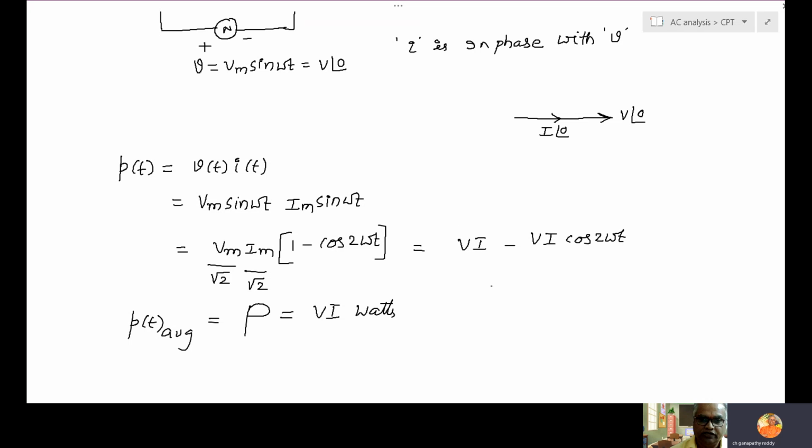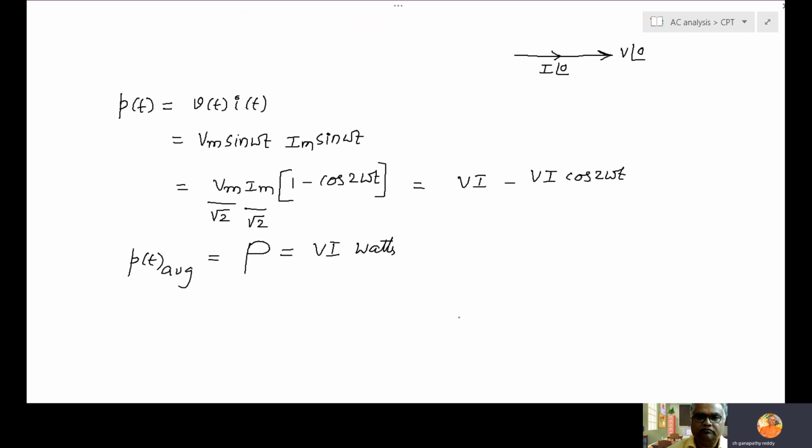The average of VI is VI only. So in a resistor, the average power dissipation is always given by VI watts. This V is not DC voltage. What is this capital V? It is Vrms, and I is Irms. So VI watts.